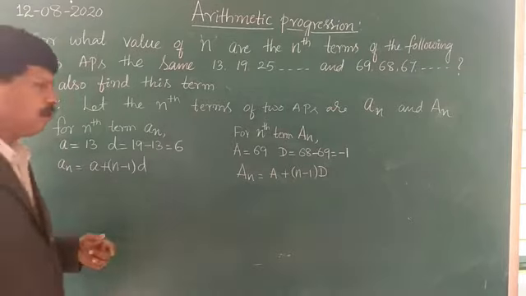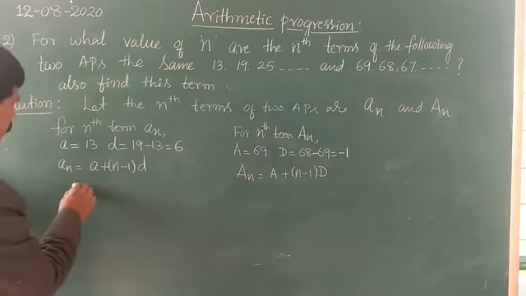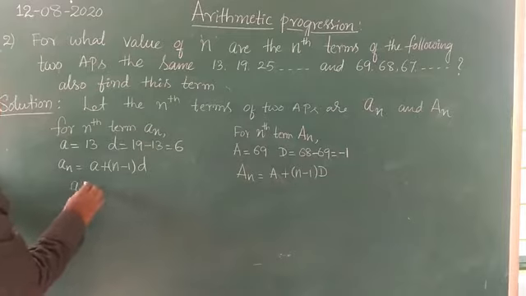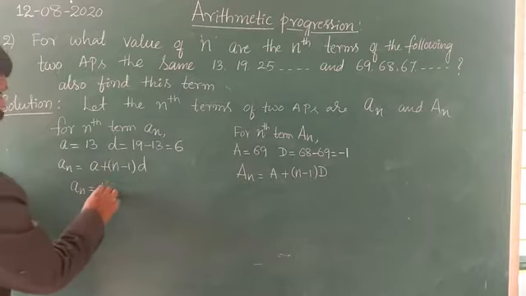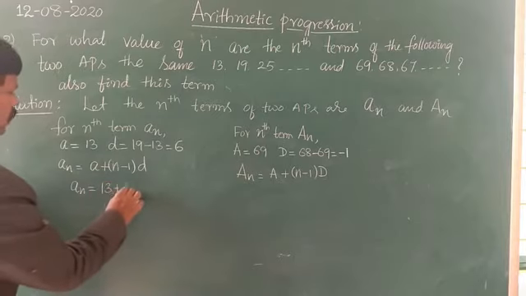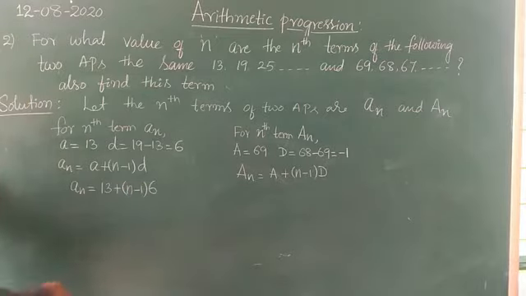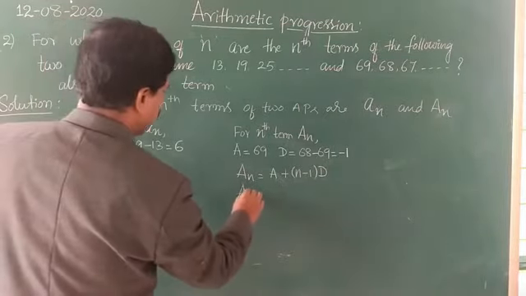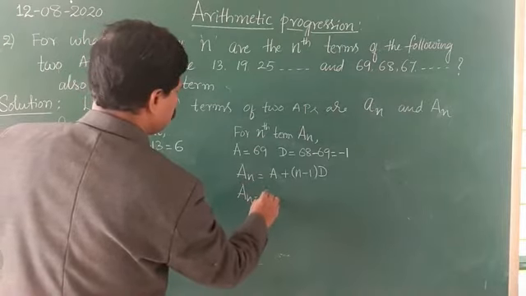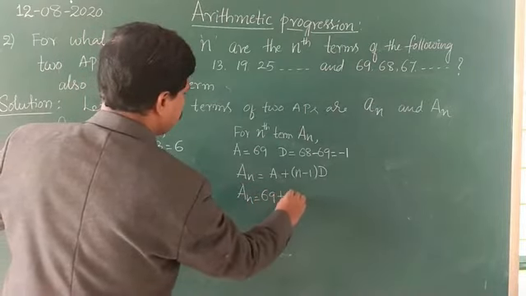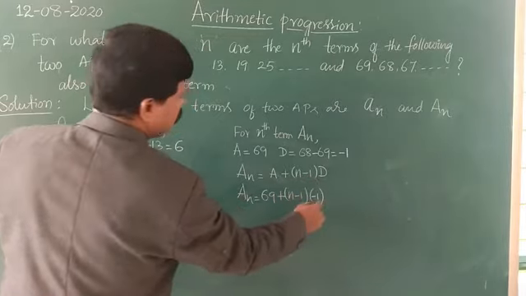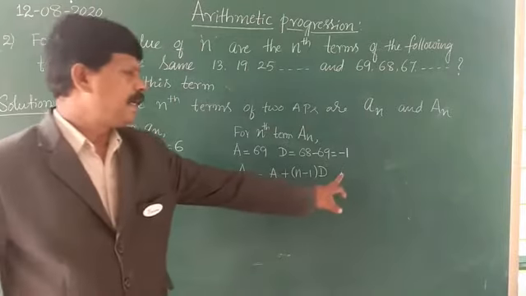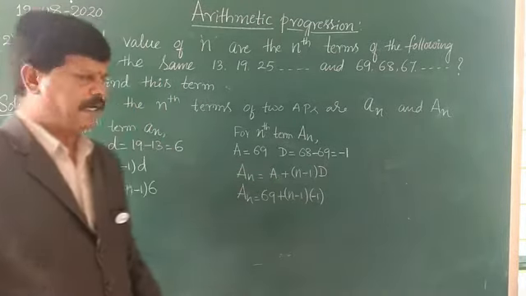We should solve like this. Understood? Now here, if you put n is equal to 13 in these, you will get 13 into 2, that is 26, plus n minus 1 is 12 into 6. Be careful with the d value, which is negative in the other one; use the bracket.